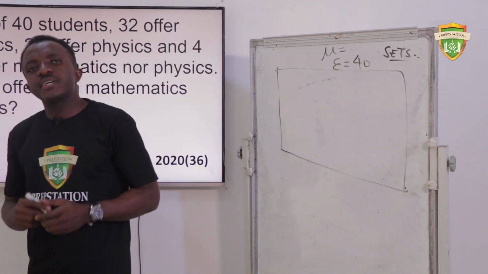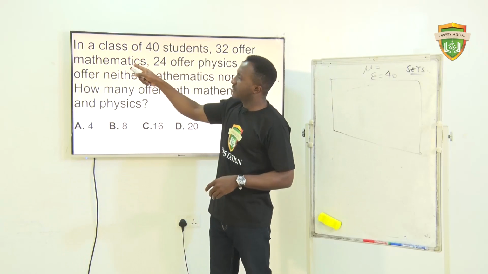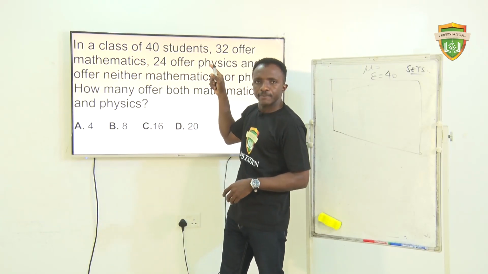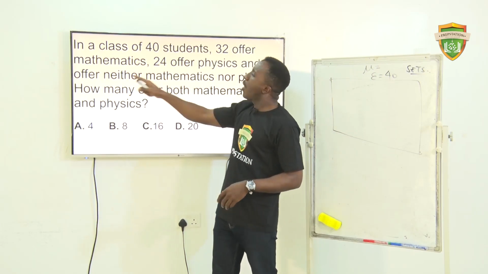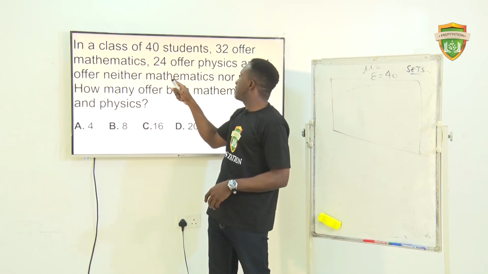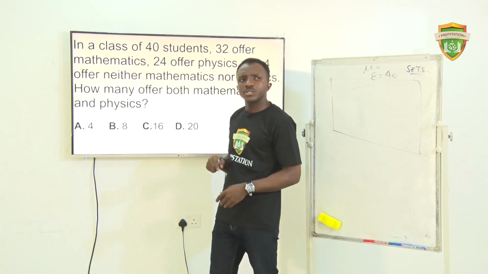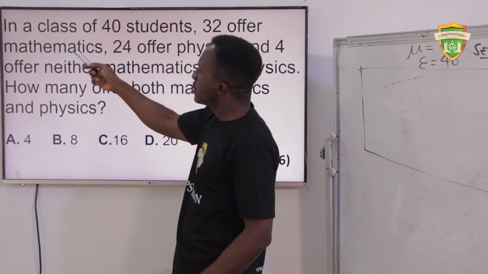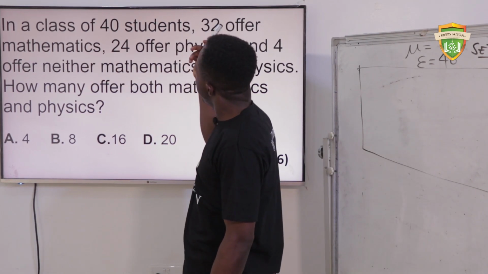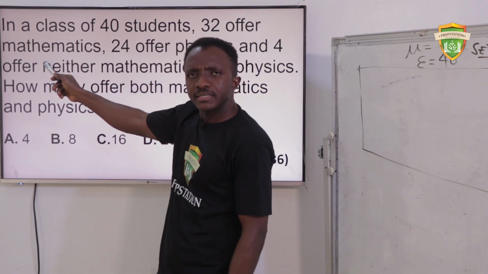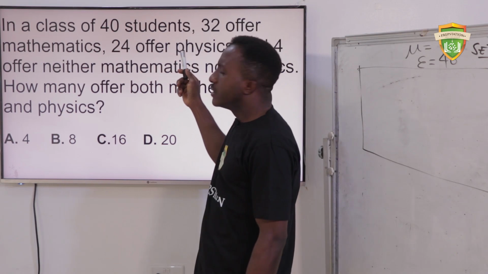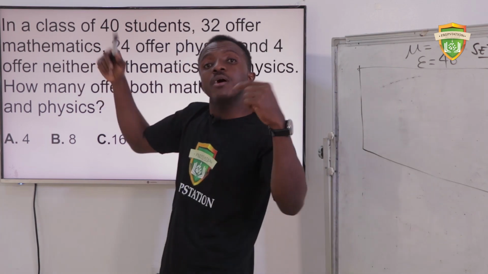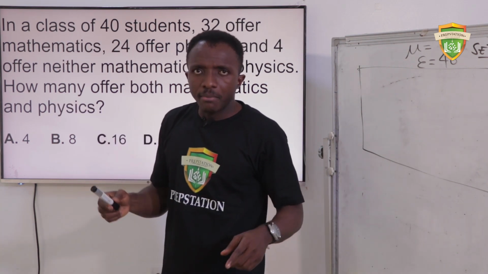Now look at that. 32 offer mathematics, 24 offer physics, and 4 offer neither mathematics nor physics. What does that tell us? We have 3 subsets. Number 1 subset is the number of people that offer mathematics. We have the number of students that offer physics, and then the number of students that offer neither math nor physics.